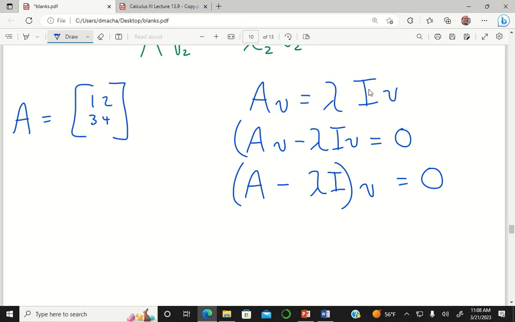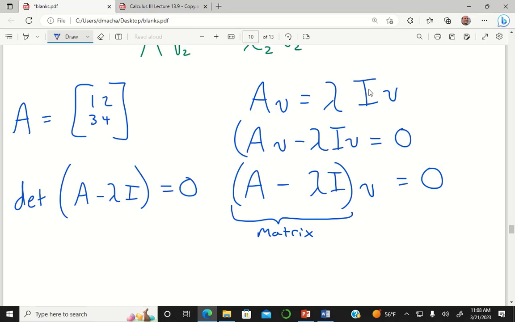Okay, so now the idea is this right here is a matrix, and we are going to set the determinant of this matrix equal to 0.